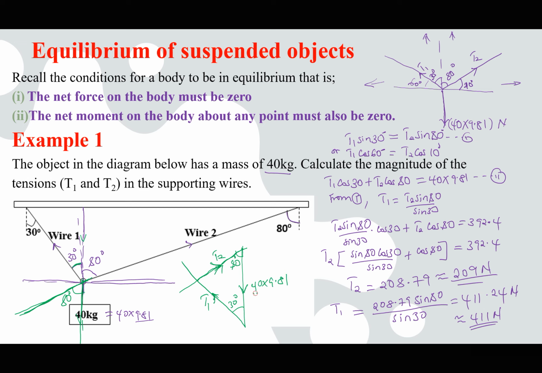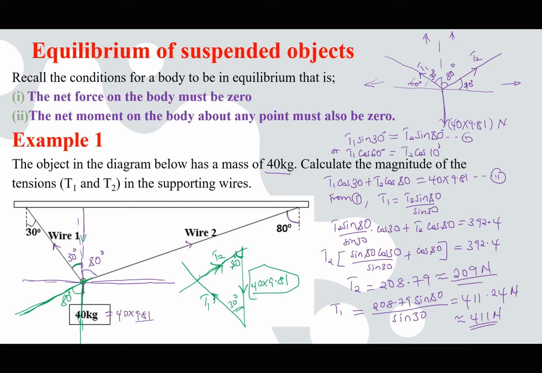So if we could find a scale for this, we could just draw a vertical line whose length is represented by a certain scale, and then we measure off 80 degrees from the vertical. We measure off 30 degrees from the vertical, and these lines will naturally meet on their own.